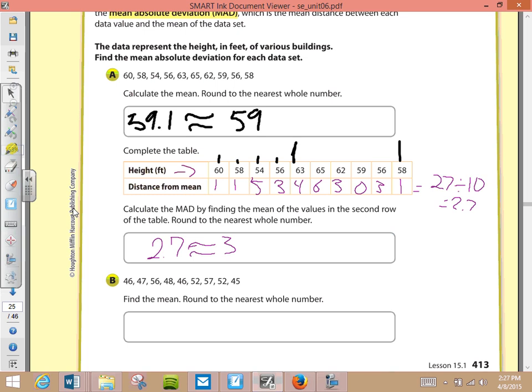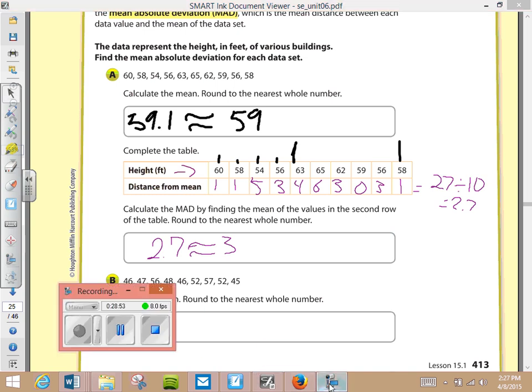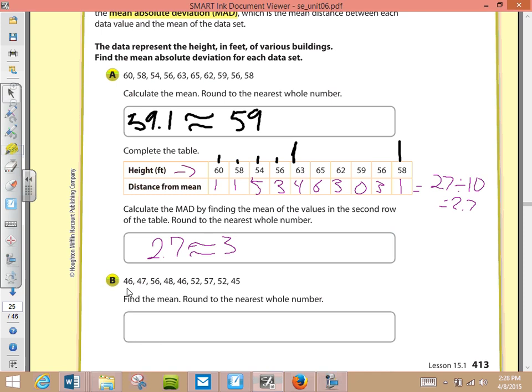Now, find the mean of the one at the bottom. So when you add them up, what do you get? 449 divided by 9, there's 9 of them, right?